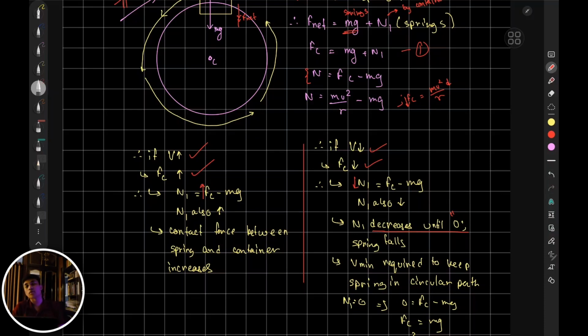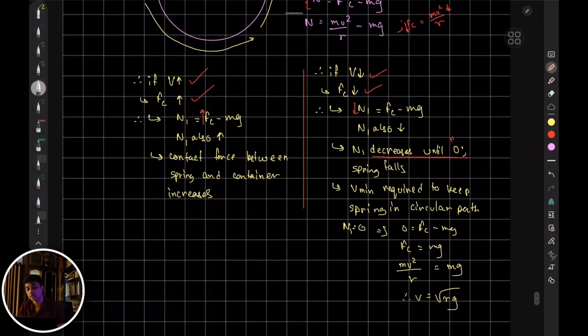Therefore, to find the minimum velocity, it is okay for us to assume the contact force as 0. Fair enough. So, the minimum velocity required to keep the spring in a circular path is given when the normal contact force is 0.